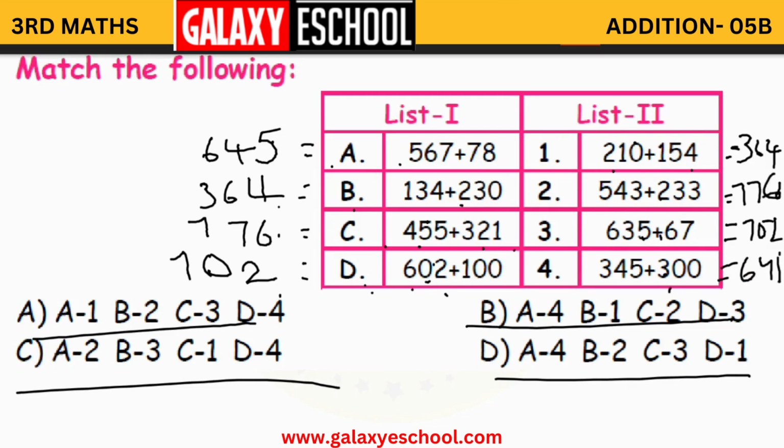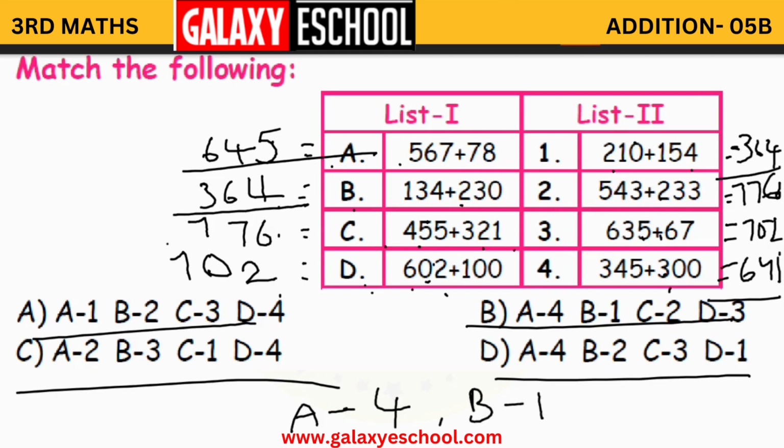Now you have all the answers here. You simply cross check. Here A is 645, 4 is 645. So A is equal to 4. Now B is 364 and 1 is 364. So B is equal to 1. C is 776. 2 is also 776. So C is equal to 2. D is 702 and 3 is 702.